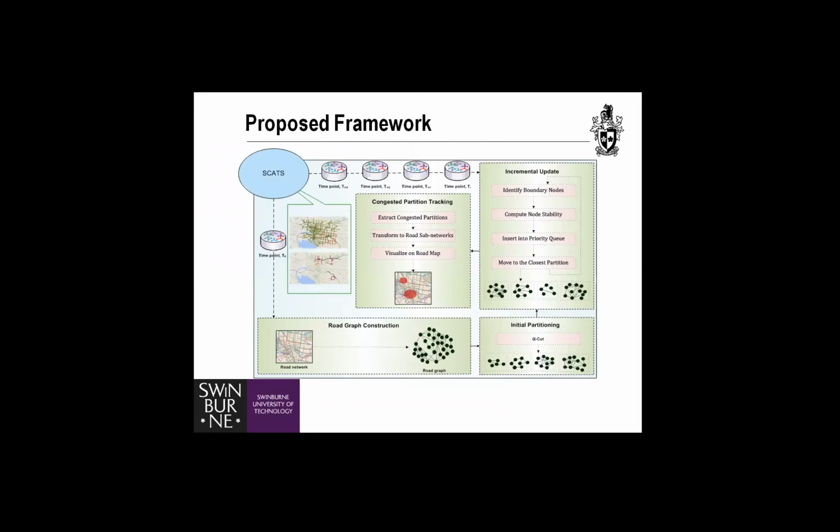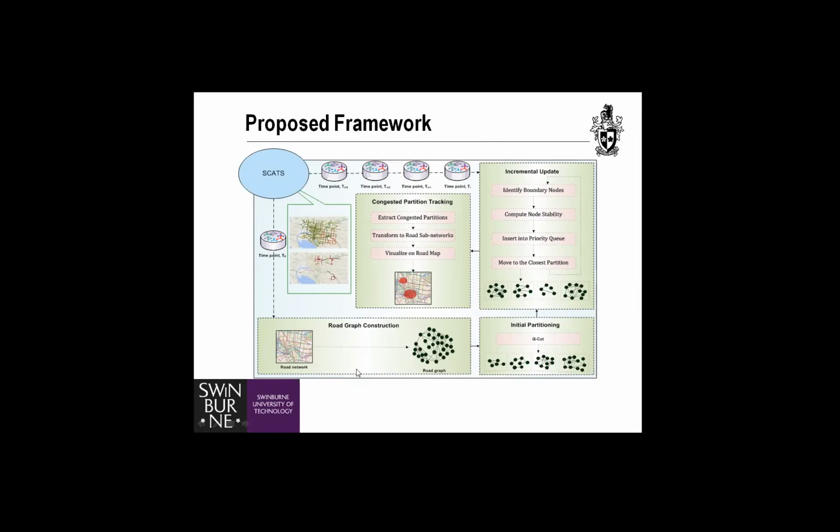It shows a high-level picture of what our method is going to do. In the corner here, this is the SCATS system from where the data comes in. At the beginning time point t0, the first time point, we partition the whole network, and it is the only time that we partition the whole network.